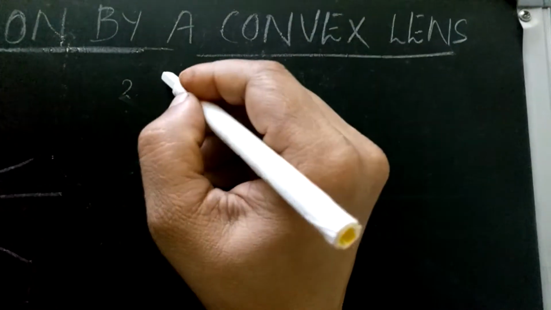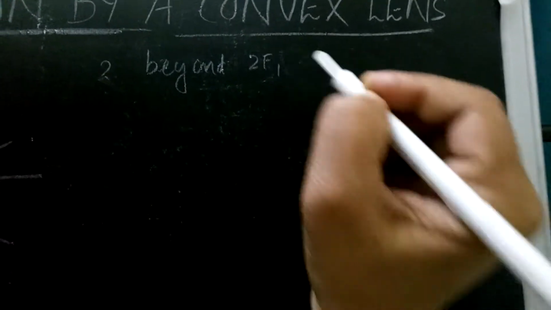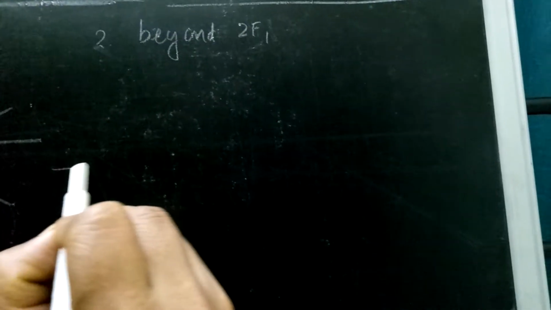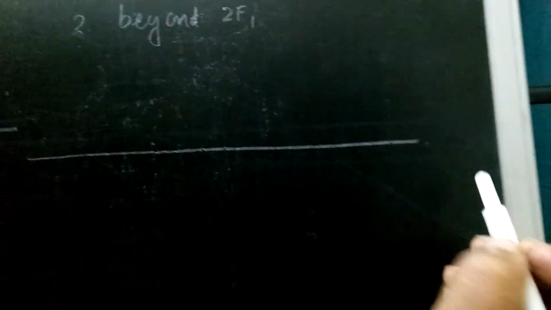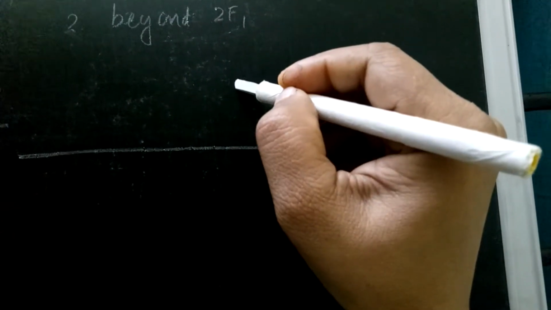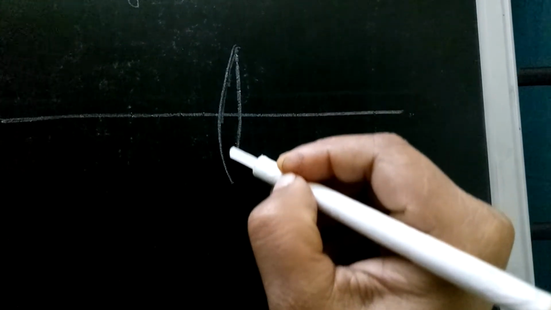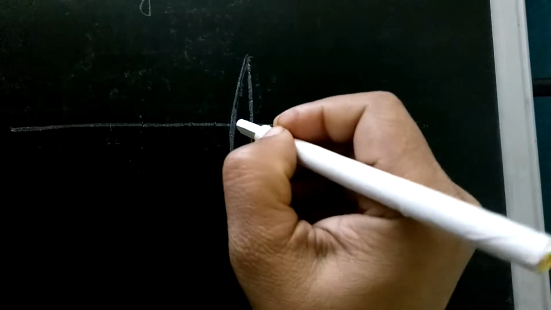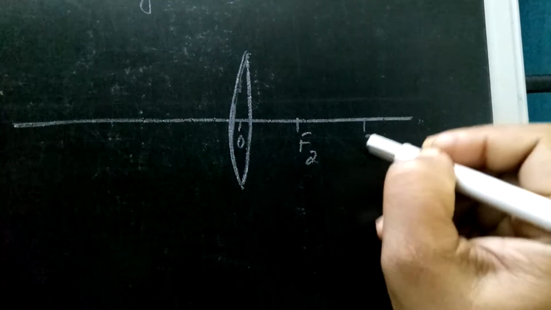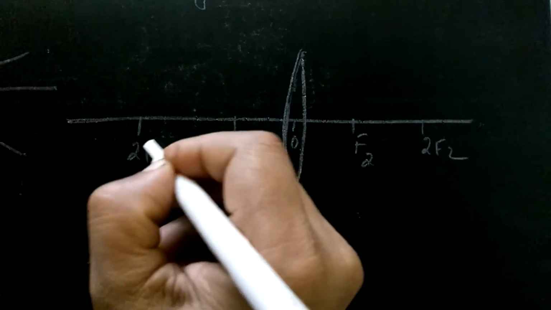That means beyond 2F1. That means we are bringing the object towards the lens. So there also you have to draw a straight line which will act as a principal axis, and draw a thin lens, and the midpoint you should mark as O, and here F2 and 2F2, here F1 and 2F1.